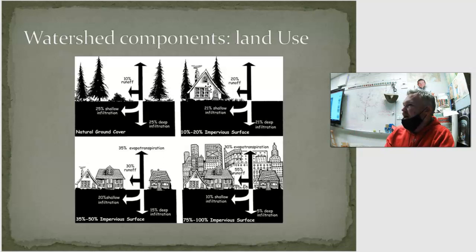So by adding houses, you've changed how much is going into building plants too, if that makes sense. Then if we go into more houses, then we get more runoff. So notice that the runoff numbers just keep going up, and then if you get highly urbanized, you get a lot of runoff, and then very little stays in your watershed, right?